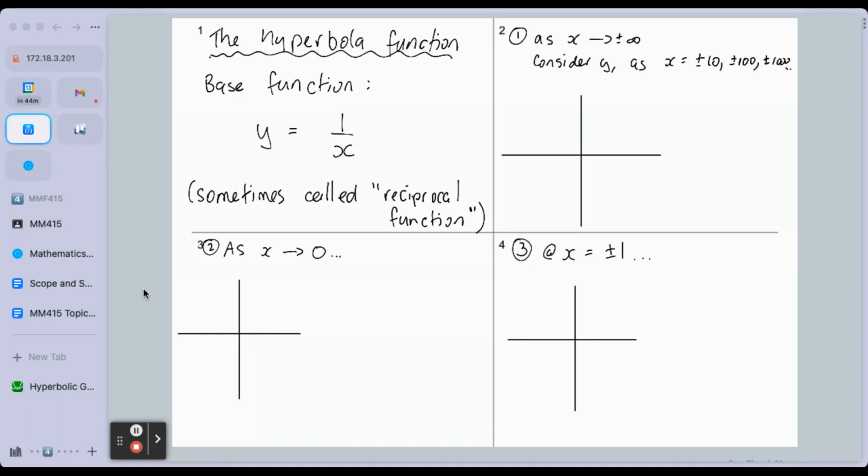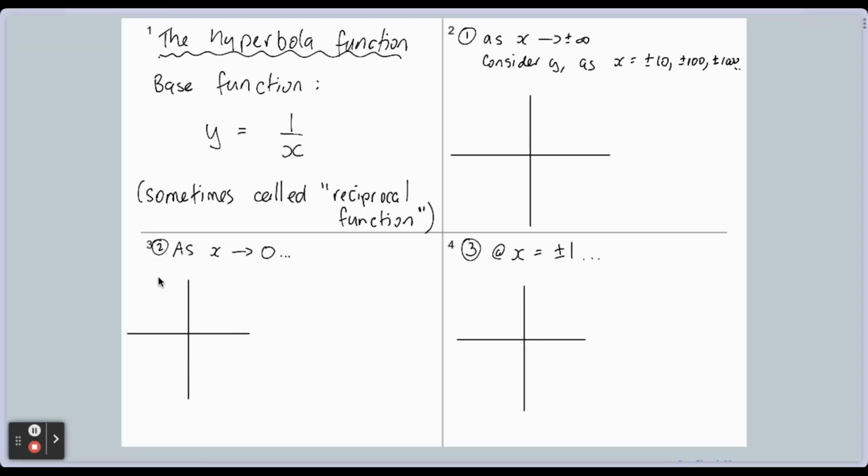So we've got y equals 1 on x, and I'm pretty confident that we can do this next thing probably in our heads. You can see that I've got there as my instruction: x approaches positive and negative infinity. When a mathematician writes that, what they roughly mean is what happens as x gets really big, either positively or really big negatively.